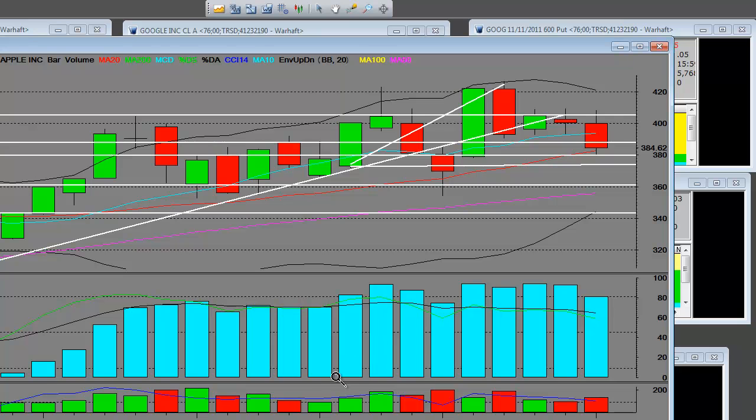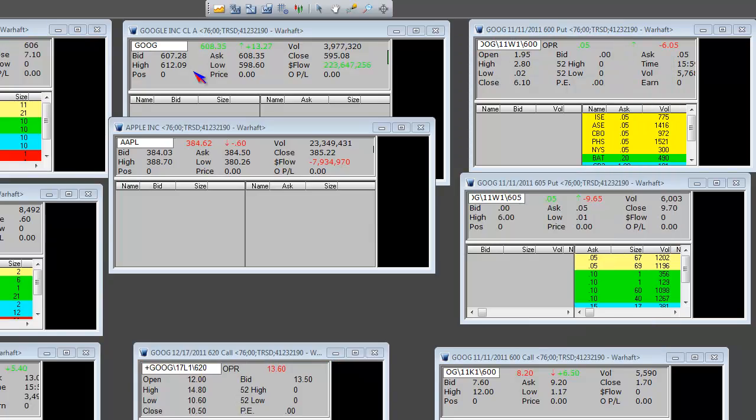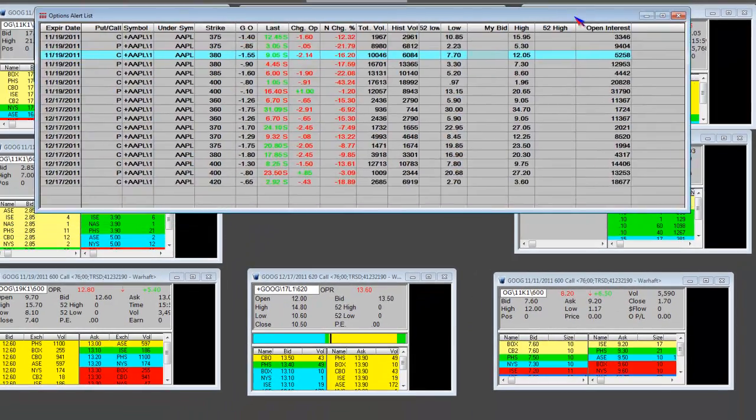One of the things we're going to be looking at is where the percent D is. It's definitely not overbought. It's 58.67. When we were at the highs, we were up here at 72.4. So we're not overbought. We know that. It's the best of the breed. We know that. So now I'm going to go to the call and put strategy.